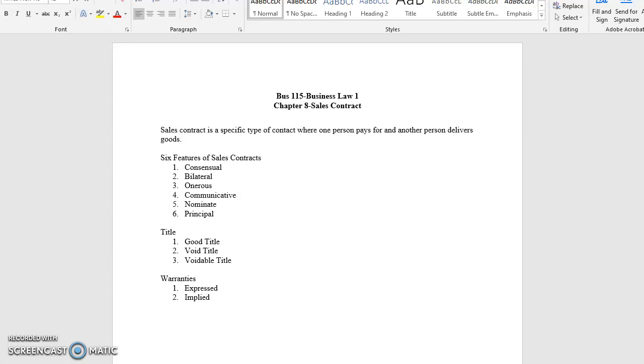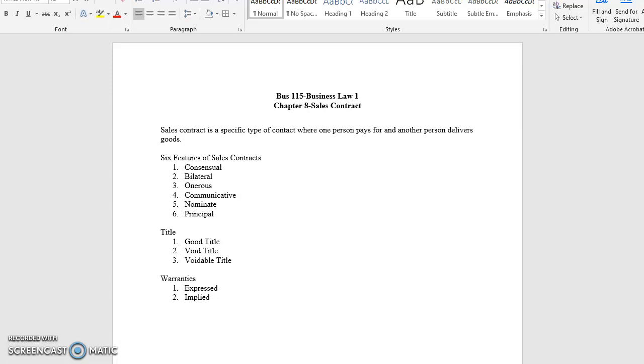He can void that title that you have because basically you stole the car from him. And also, if you find out that a 15-year-old, a minor, tried to buy the car and they're not capable of entering into a contract, that's a voidable title. Again, your book goes into quite a bit of detail about titles. I'm not going to go into such great detail in a business law intro class. You just need to know the 3 types of titles.